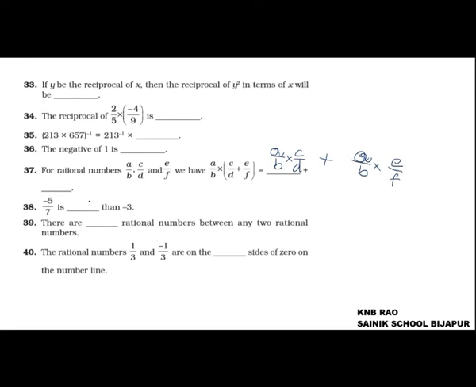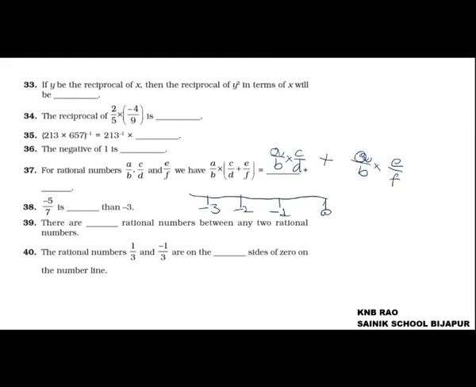Next, question number 38. Minus 5 by 7 is dash than minus 3. It is asking you less or more. So you know, on a number line minus 3 comes left side of minus 2 and minus 1 and obviously 0.